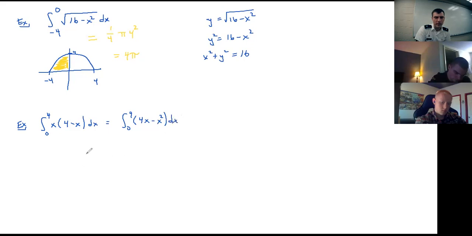The first way that I wrote it really highlights the fact that my function is 0 at 0 and 4. So it looks something like this. It's a parabola, right?